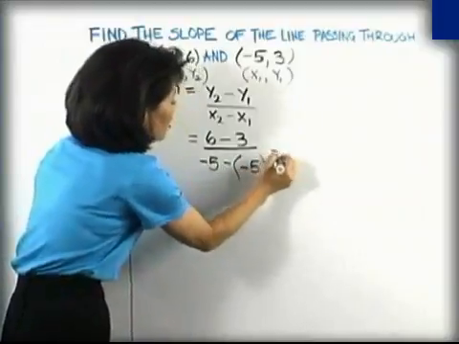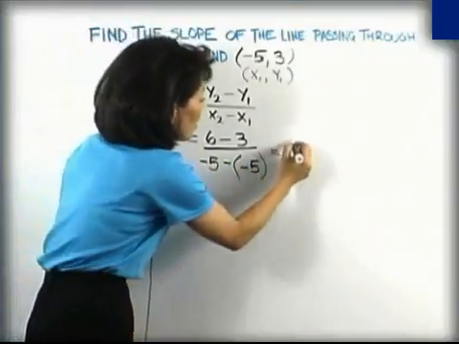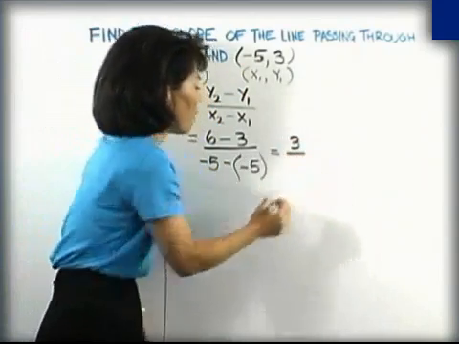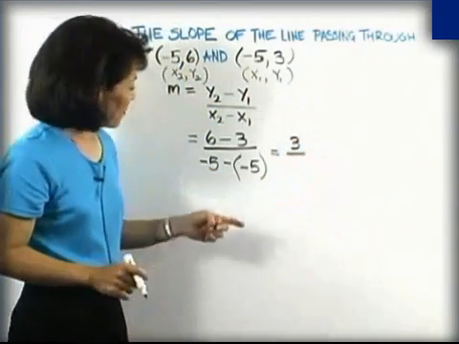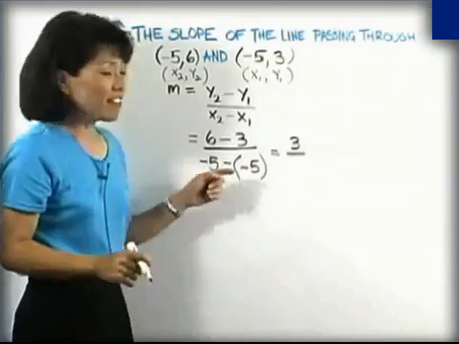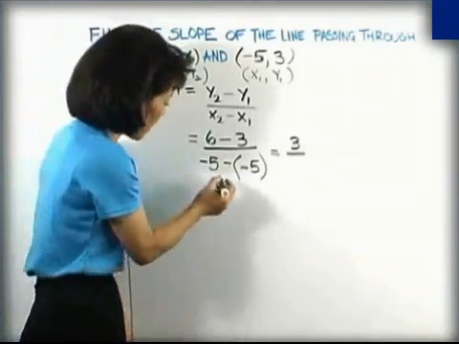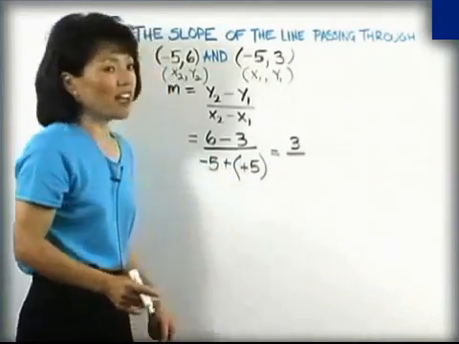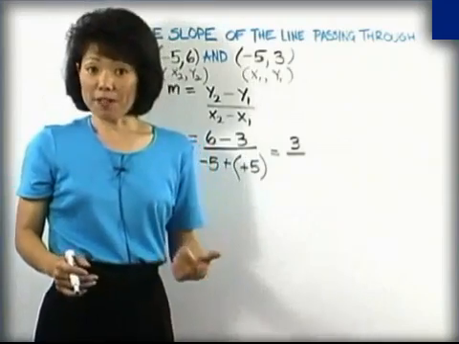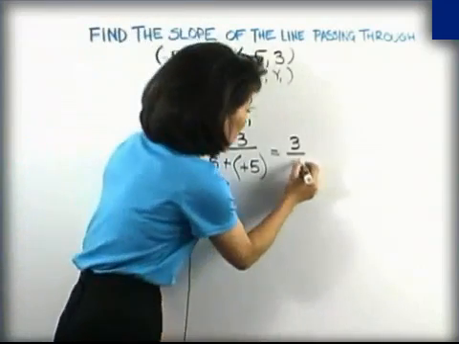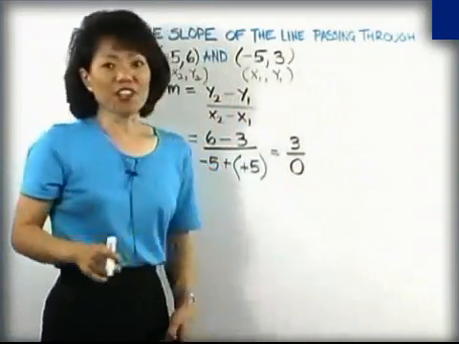Let's do our calculation here. 6 minus 3 is 3. Now what happens in our denominator? Well, we get -5 minus a -5, which we know is the same thing as plus a +5. -5 plus 5, uh-oh, we've got 0.